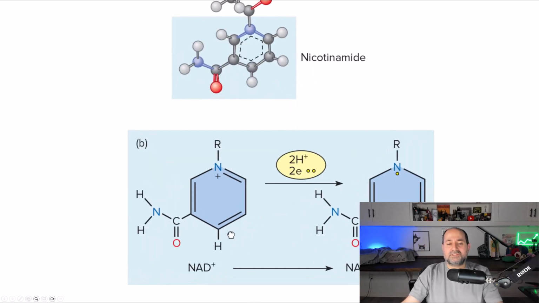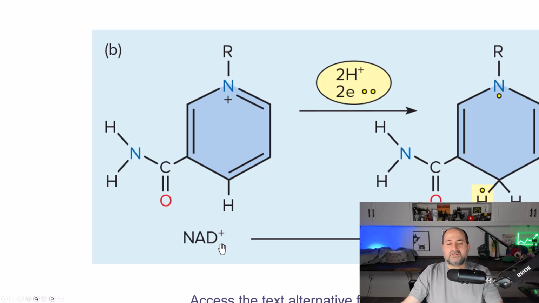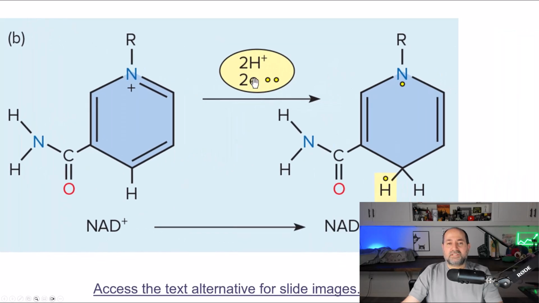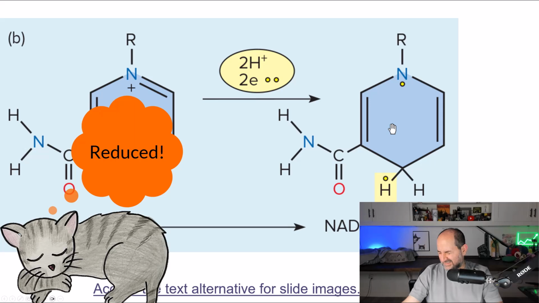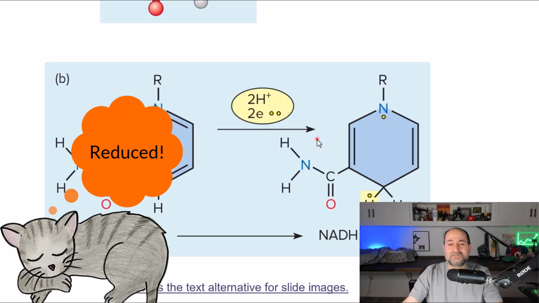What this carrier does is that the oxidized form of the carrier shows up to pick up electrons, 2 electrons, and a proton, and becomes reduced to NADH. NAD+ picks up electrons. That means, remember, if you pick up electrons, you gain electrons, you become what? That's right, Wicket. You become reduced.